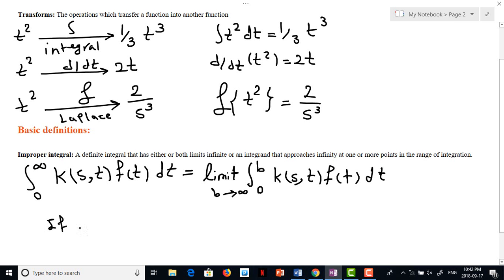if the limit of the integral exists, so the integral is convergent.